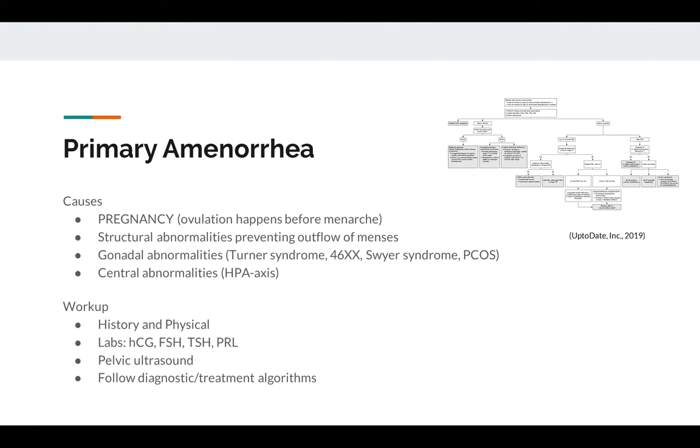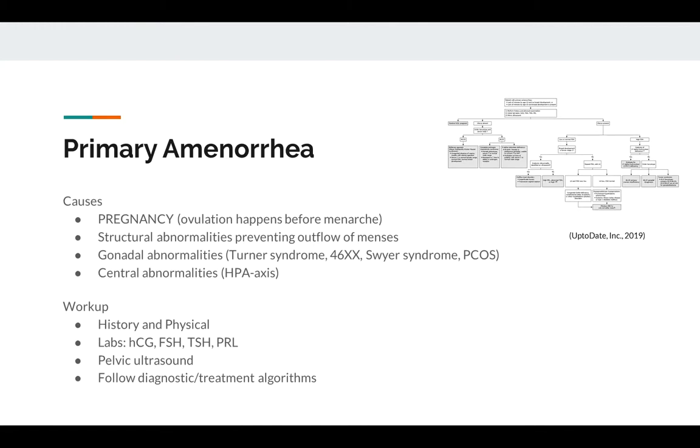Workup for this is going to start with a history and physical, including to check for structural abnormalities. Next part is that you're going to do some basic endocrine labs, including a pregnancy test, FSH, thyroid stimulating hormone, and prolactin levels. Next, you will do a pelvic ultrasound just to make sure that all those structural elements are present.